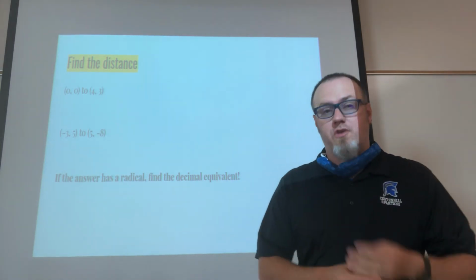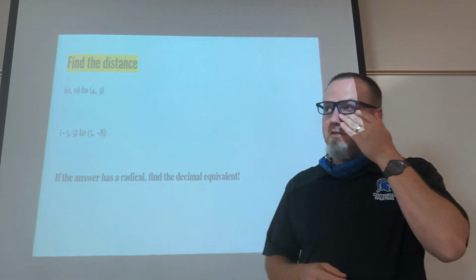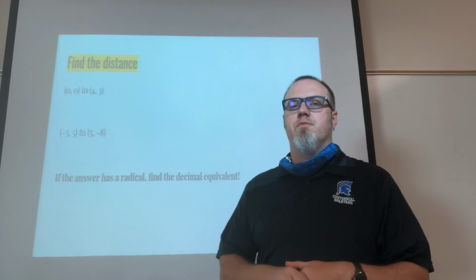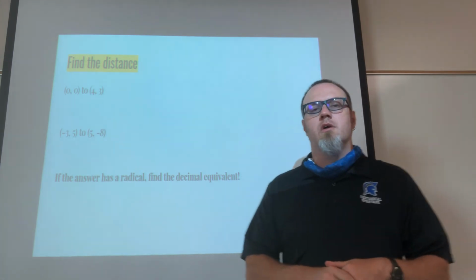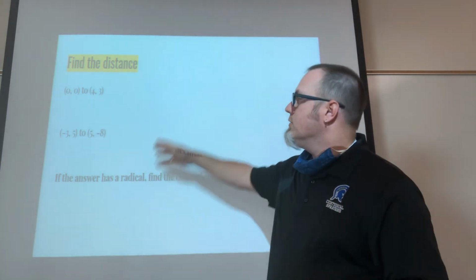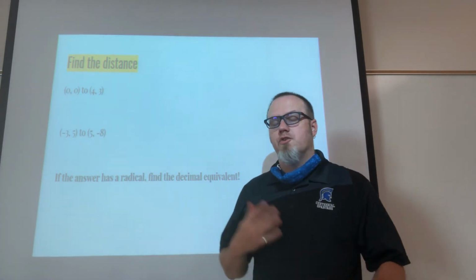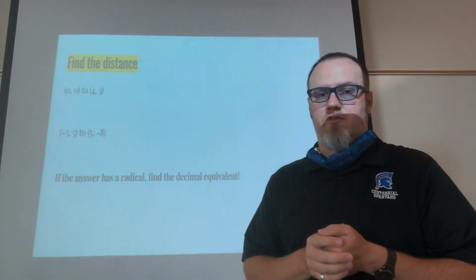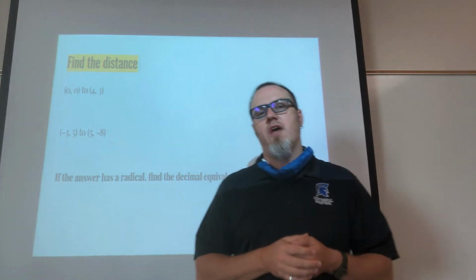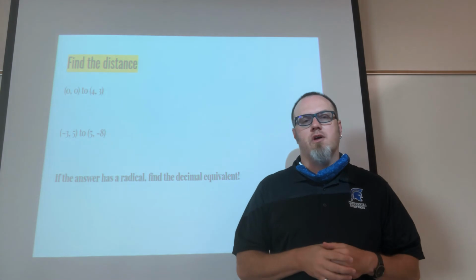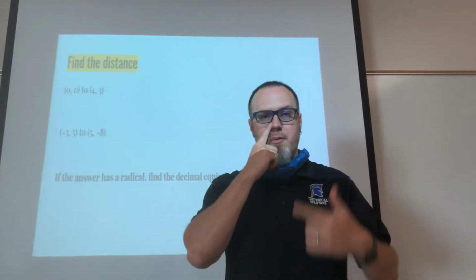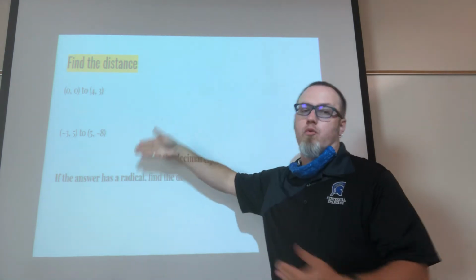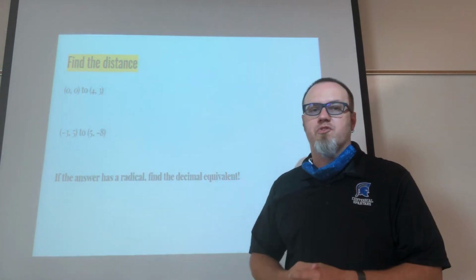For the purposes of what we're doing, you can just use your Desmos calculator. You can use the calculator that's available to you, the TI one that's on your Chromebook, and you can calculate that distance to a couple of decimal places, but you may see the exact answer. And if the exact answer is put on your quiz that you'll see today, that's going to be the square root of whatever we can reduce that, okay?